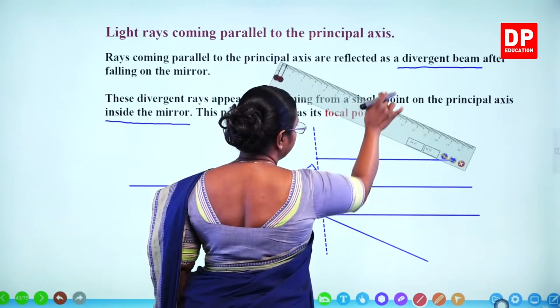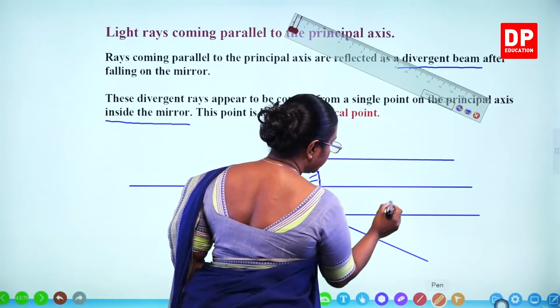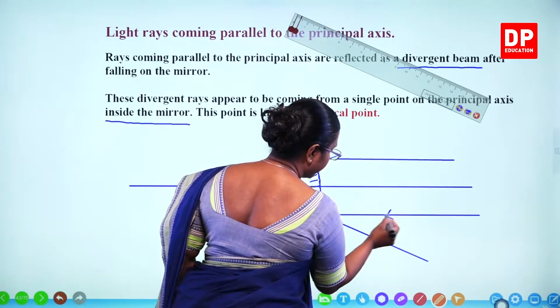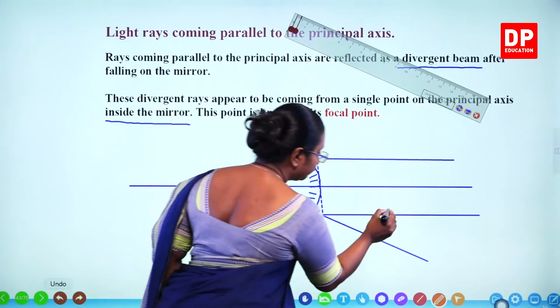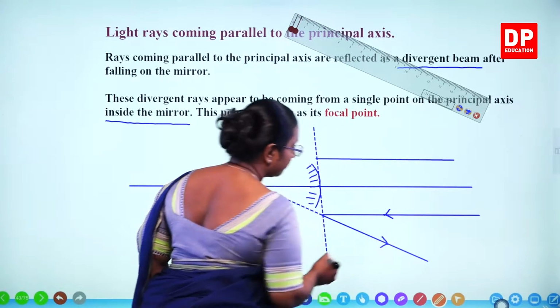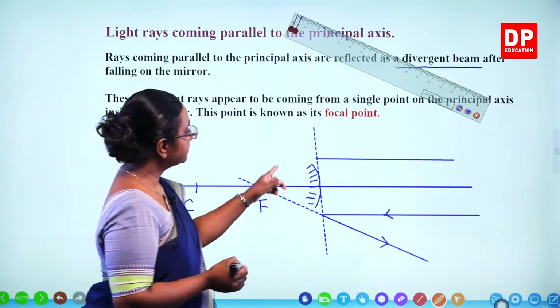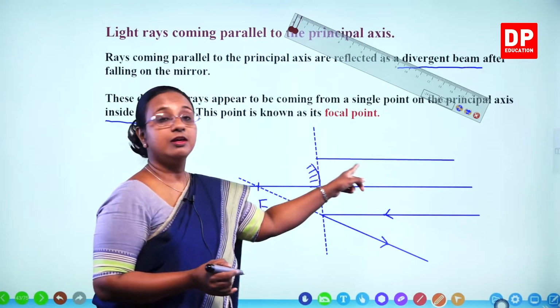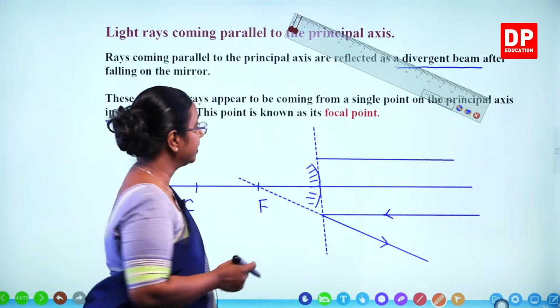Then we have to show the rays. Now this is the incident ray and this is the reflected ray. The same way we have to show the reflected ray for this one as well.